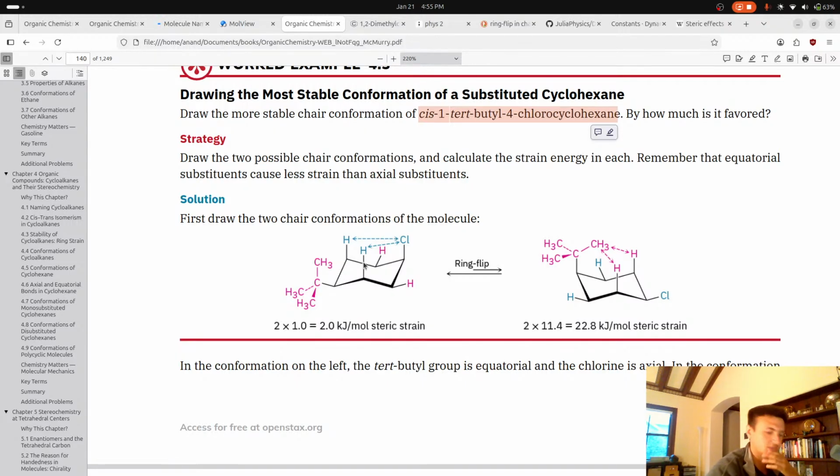Okay, so 2 times 11.4 is 22.8. So that's for the case where, let's enumerate that.